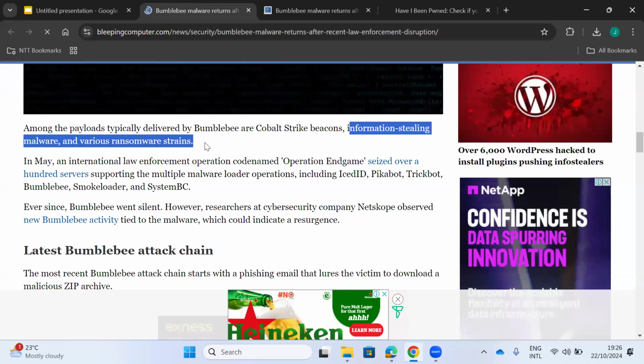So it's a combination of various techniques or tactics to achieve the objective of the adversary. Information stealing could not be the final objective of the adversary. It could be data encryption, and they could attain that, but information stealing could be the early stage of the process.